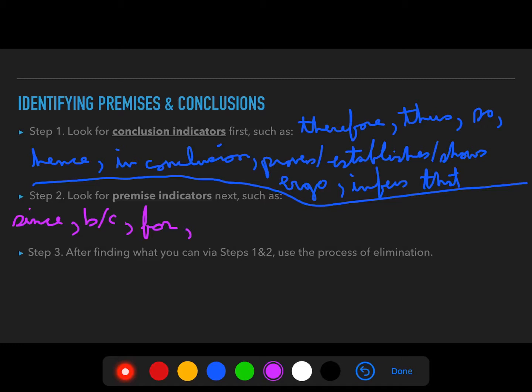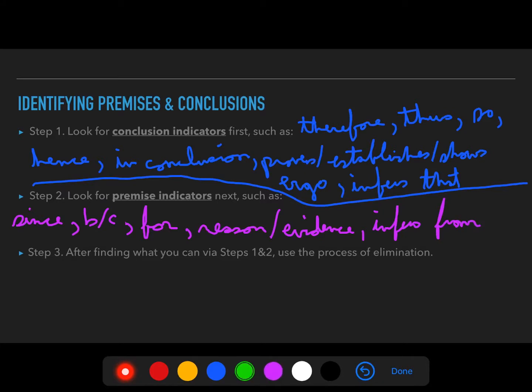Anytime you see the word reason, somebody says they're giving you reasons or evidence, then they're probably giving you premises. If you see the phrase infers from, then you're probably getting a premise.